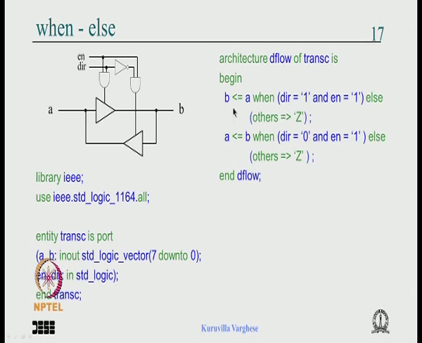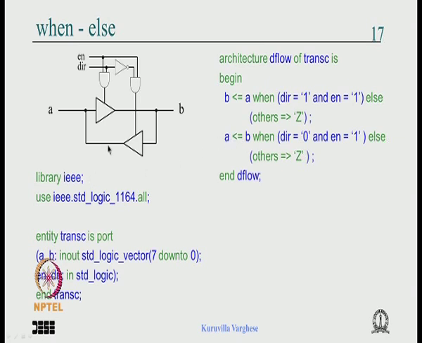B is an output, B gets A when direction is 1 and enable is 1, else it is tri-stated. Since this is a bus, we say others assigned Z, that is it. So this says that B gets A when both are 1, else it is tri-stated.